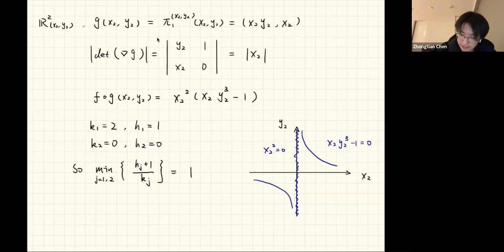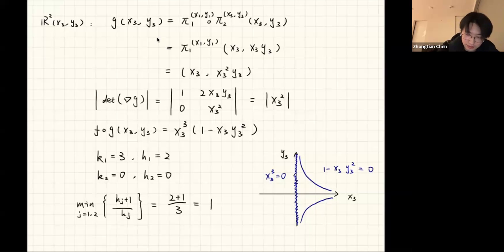So K2 is 0, and H2 is 0 as well. When K2 is 0, we will think about this as arbitrary large. So we pick the minimum one, which will just be 1 plus 1 divided by 2 is 1.